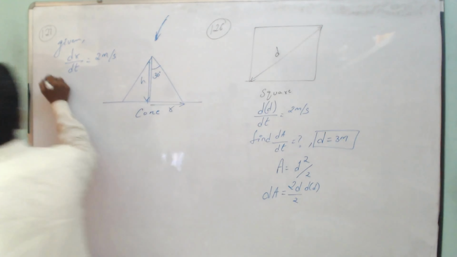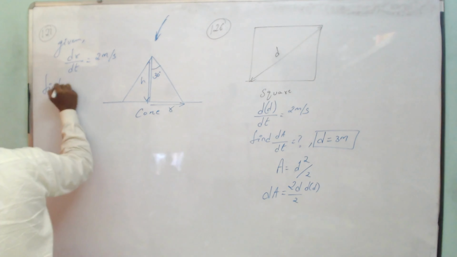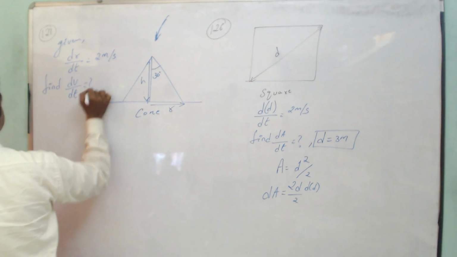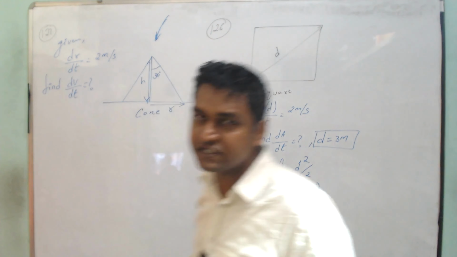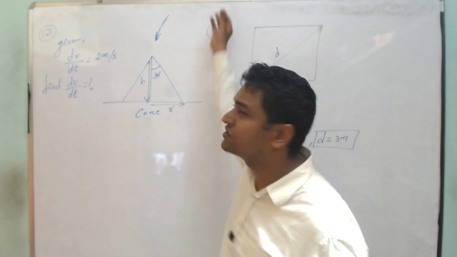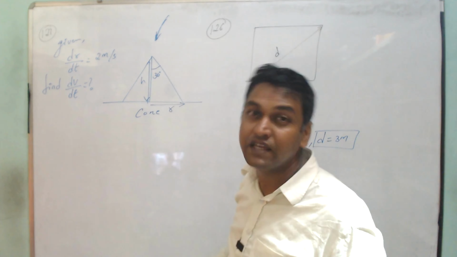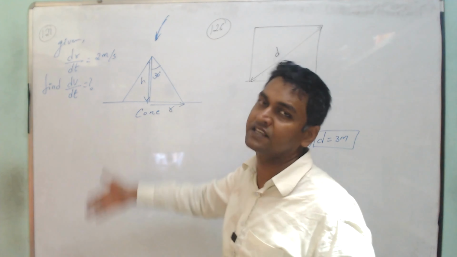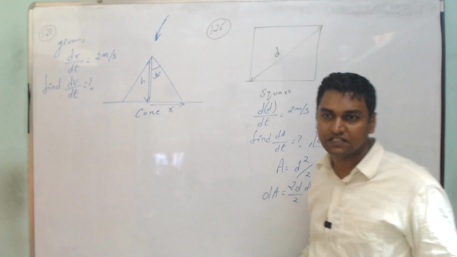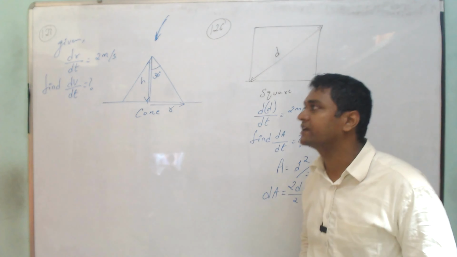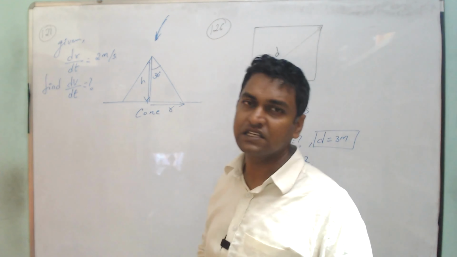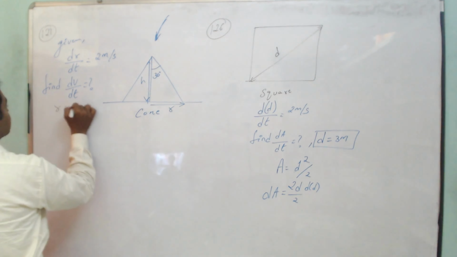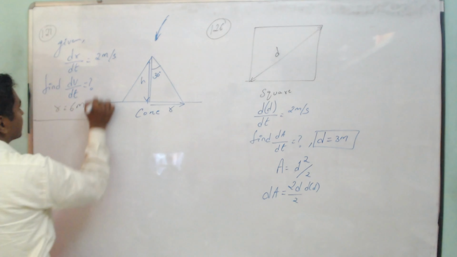Find the rate at which the volume of the cone is increasing, or he can also say the same thing, find the rate at which the volume of sand is being added. The volume of sand added per second is the same as the rate at which the volume of the cone is increasing. Correct? Find the rate at which the volume of the cone is increasing when the radius is 6 meters. I'll solve it.